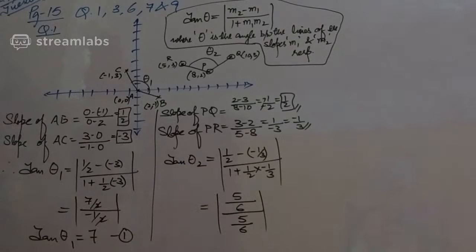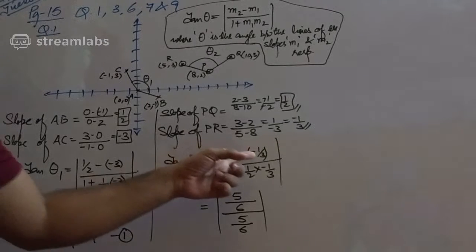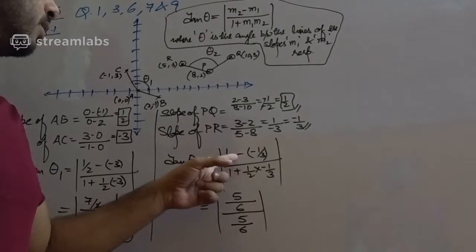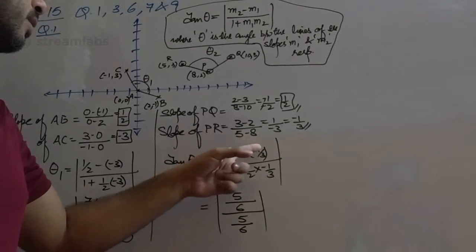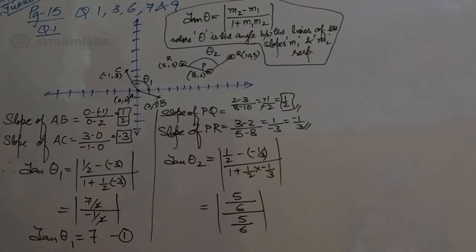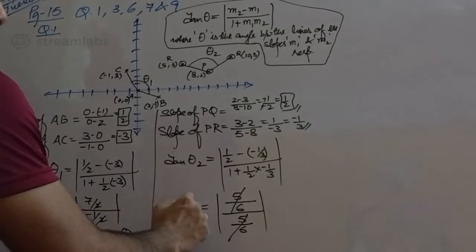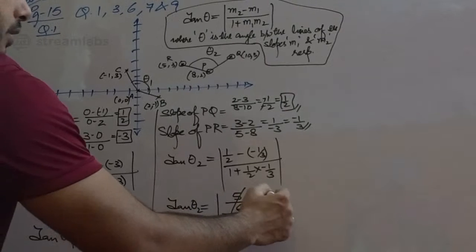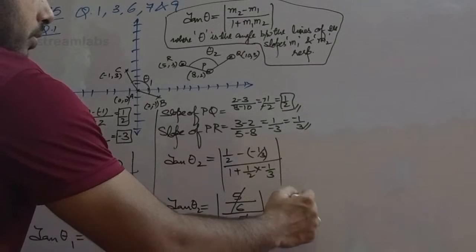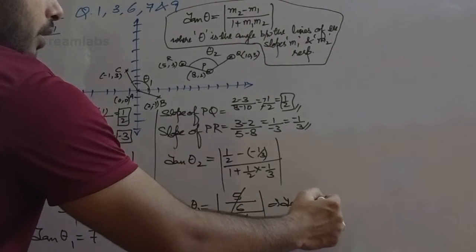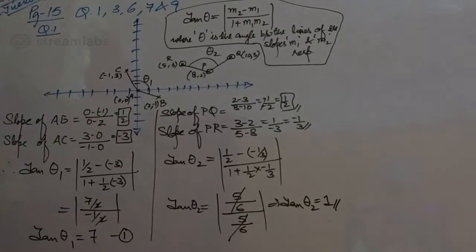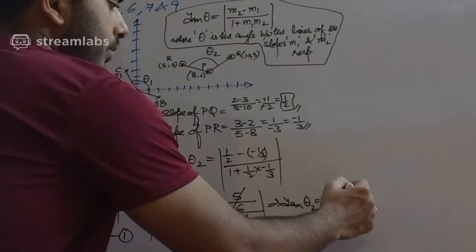So 6 minus 1, 5 divided by 6, and here also the LCM would be 6. So it will be 3 plus 2 divided by 6. So hence this can be cancelled, which implies tan theta 2 equals 1. And let it be the second equation.